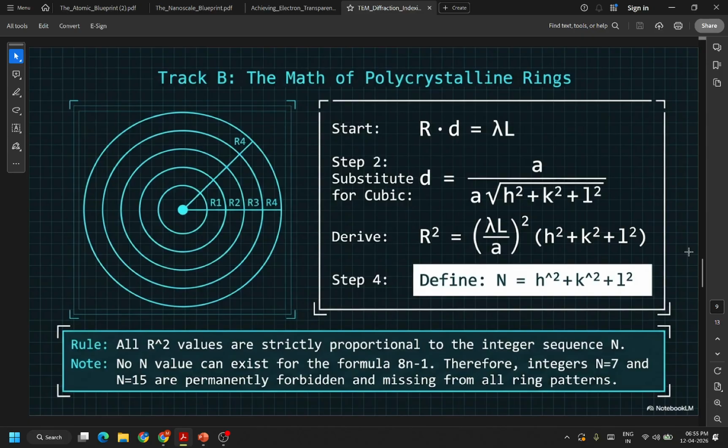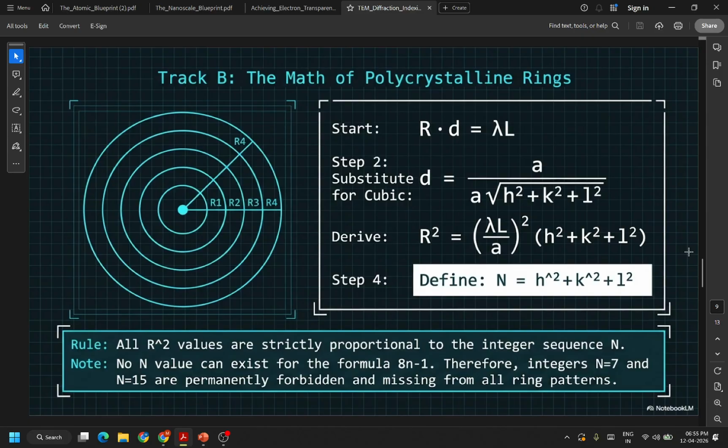So next we have polycrystalline rings. So we take the radius of each ring and we calculate our d. So we get r. So we substitute d as a by square root of h square plus k square plus l square, which gives us the formula r square equals lambda L by a, times h square plus k square plus l square, and we define this as n.